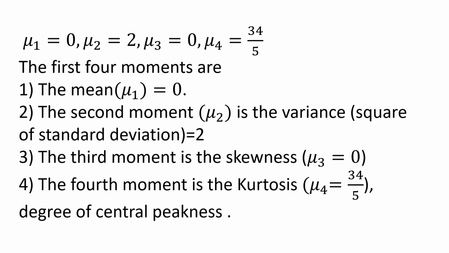The third moment is skewness, and that is 0 here. Mu1 is generally 0. Then the fourth moment is basically the degree of central peakedness, that is kurtosis. In this way, we can measure the different moments. This is the example I have discussed. Similarly, some questions can be asked.